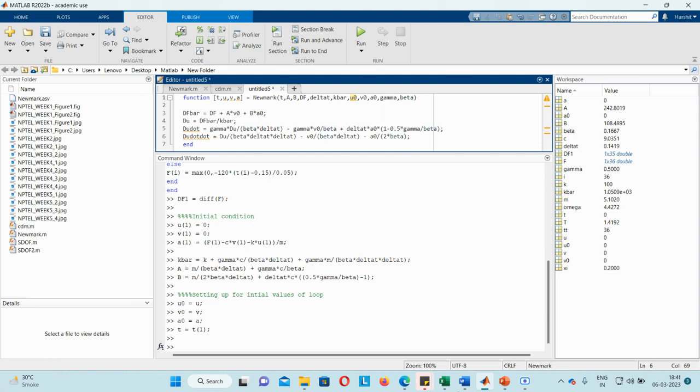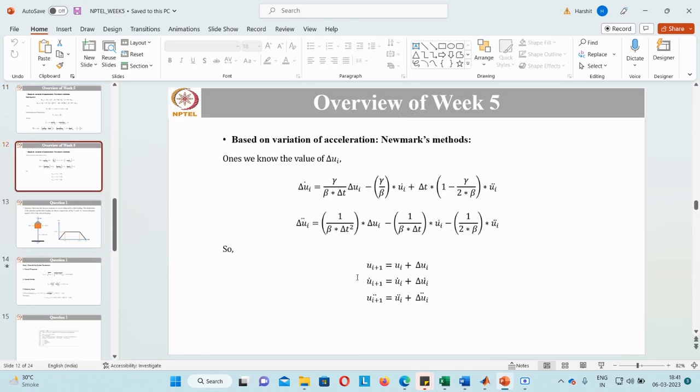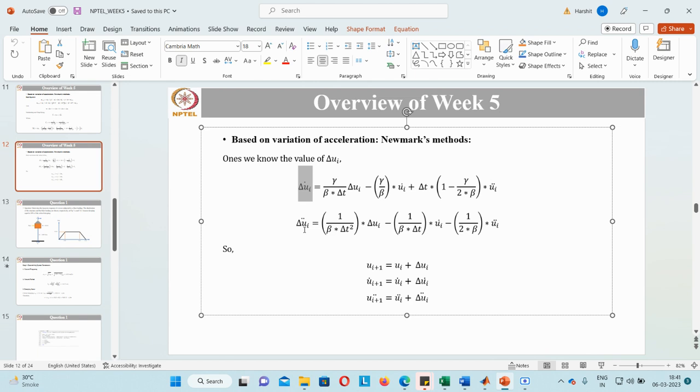So this is how we define these two relationships, delta u dot and delta u double dot.